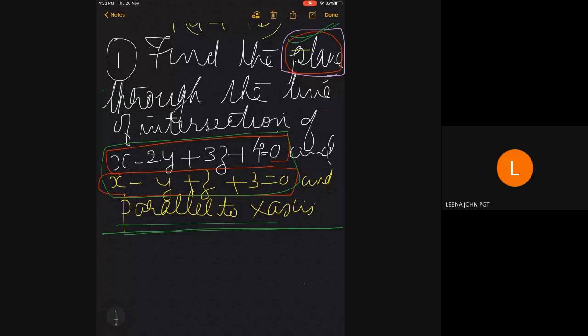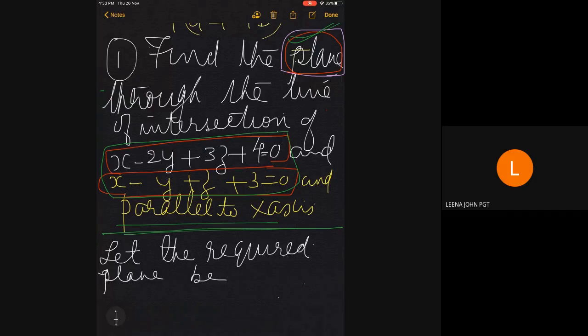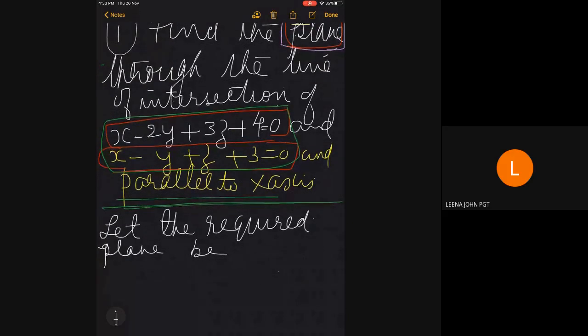So what you can write now is, let the required plane be: we are given two equations, so the first one plus lambda times the second one. That will be the equation of the family of planes.